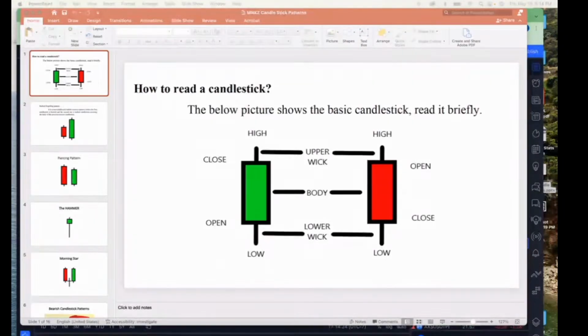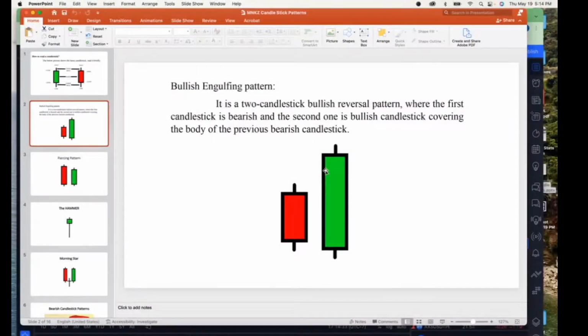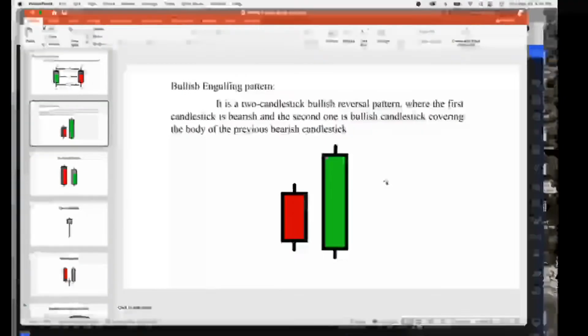Okay, so next thing we got here is a bullish engulfing pattern. It's a two-candlestick bullish reversal pattern where the first candlestick is bearish and the second one is a bullish candlestick covering the body of the previous bearish candlestick.